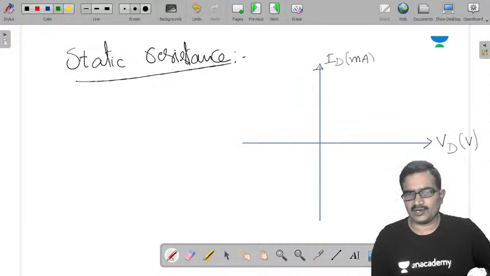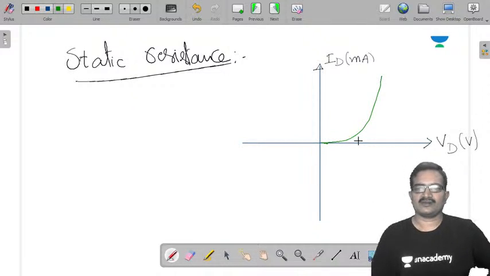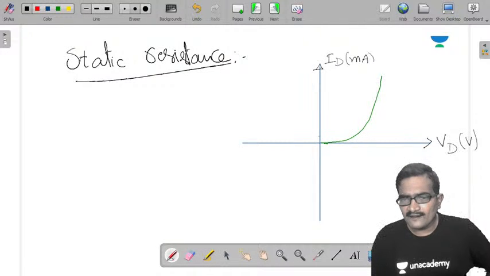This is the plot we have in forward bias, and somewhere here we get the cut-in voltage V gamma.